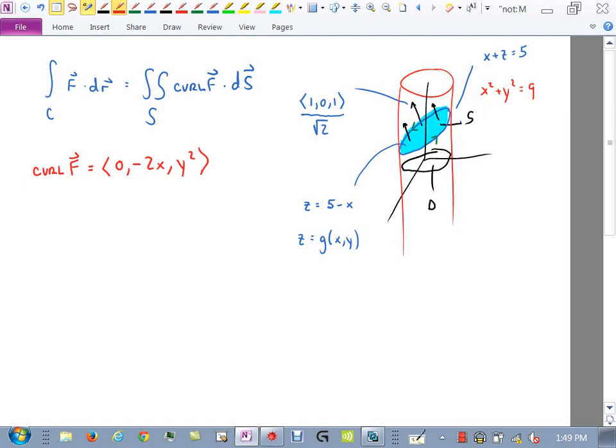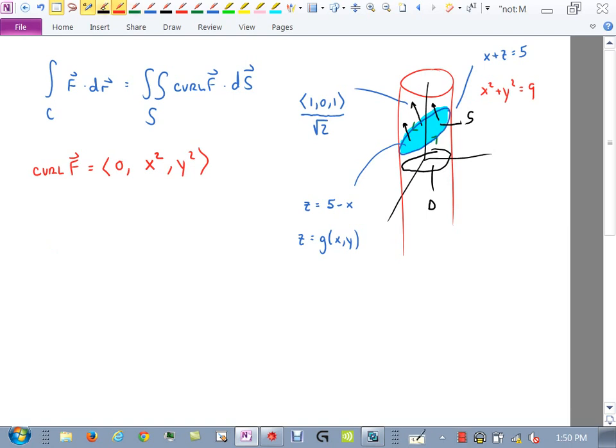Is that right? Something seems off here. Oh, yes, it's not negative 2x. Sorry, it's x squared. I was looking at my work that I did, and I already was putting into the formula. So that's your curl. That's our new vector field.